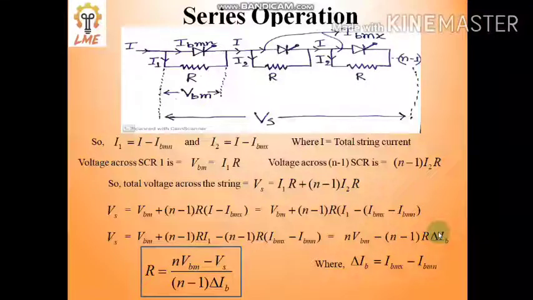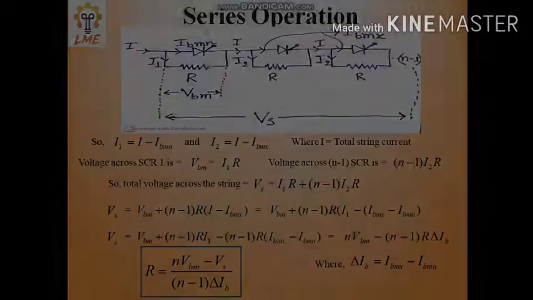From here we can find the value of resistance R equals n VBM minus Vs over n minus 1 into delta of IB. That is the optimized value of resistance for getting the maximum efficiency of this string.